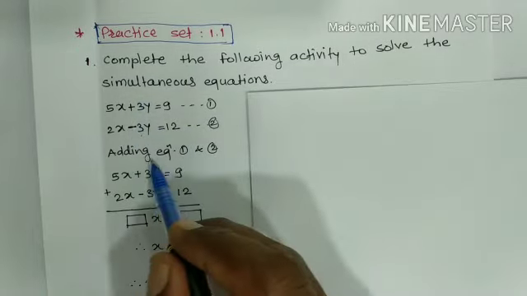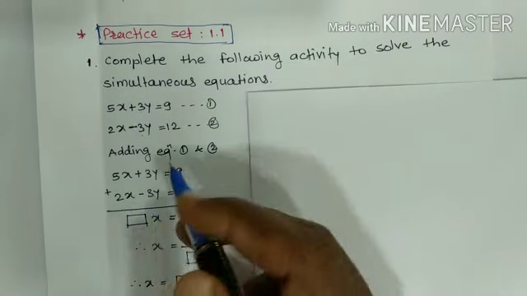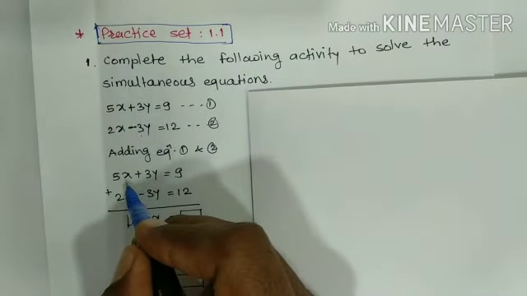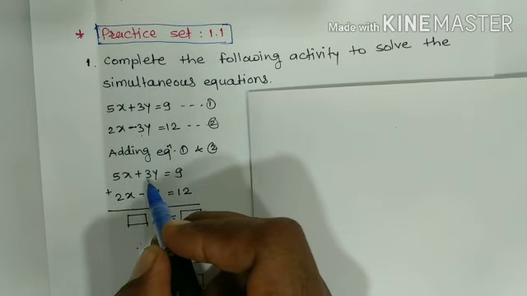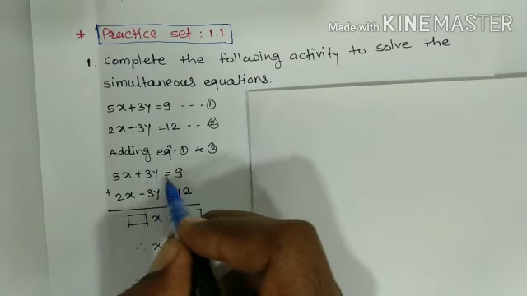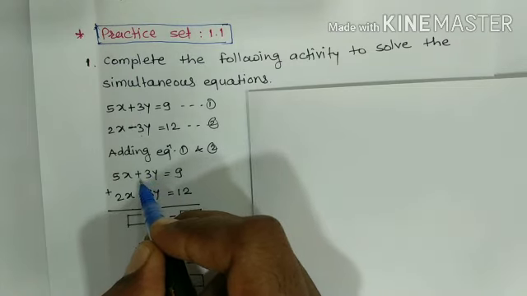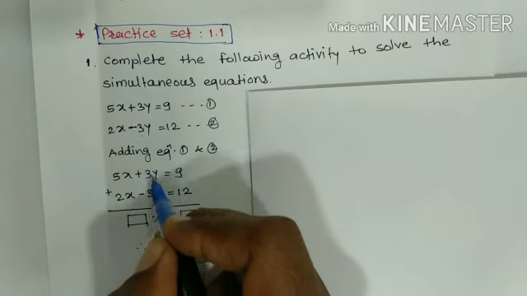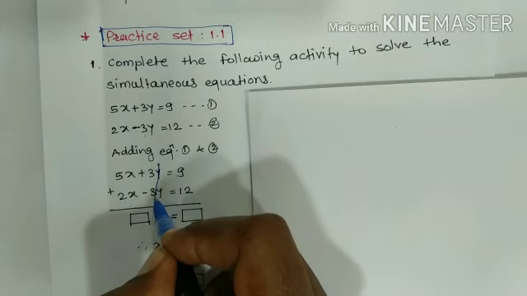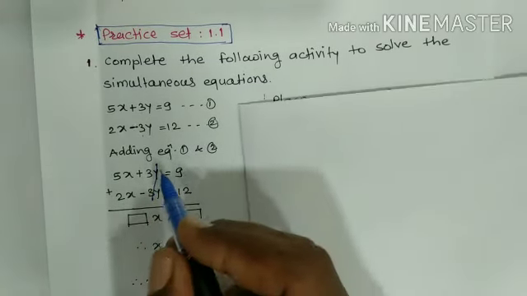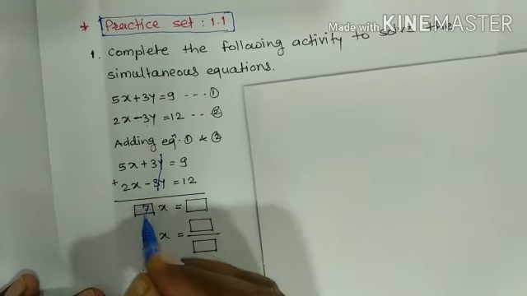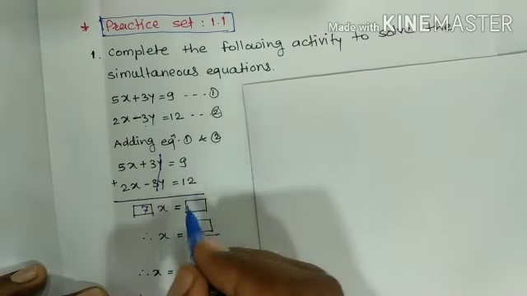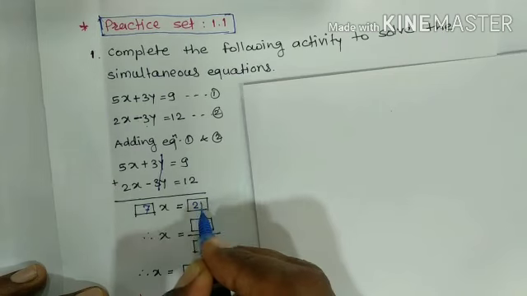Now adding equation first and second, we get 5x plus 3y equals 9, 2x minus 3y equals 12. Here by adding these two equations, plus 3y and minus 3y get eliminated. Then 5x plus 2x equals 7x, and 9 plus 12 equals 21.